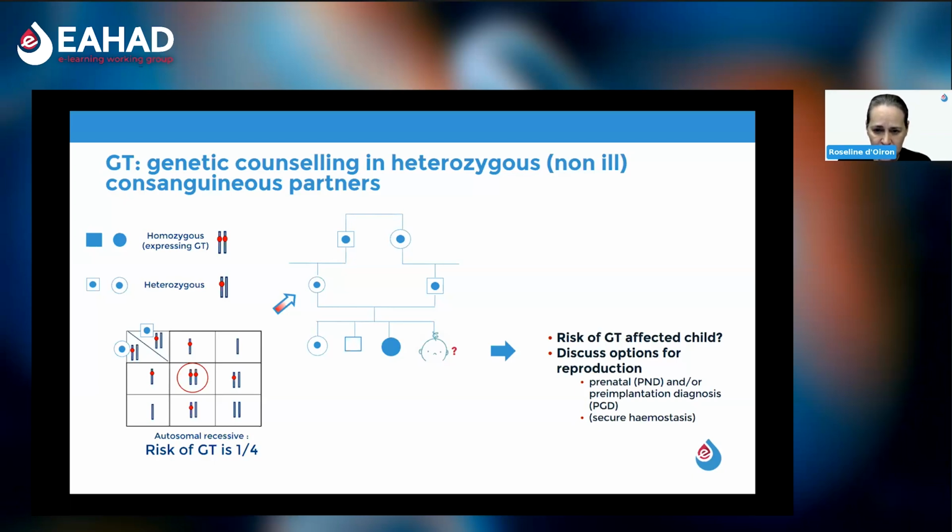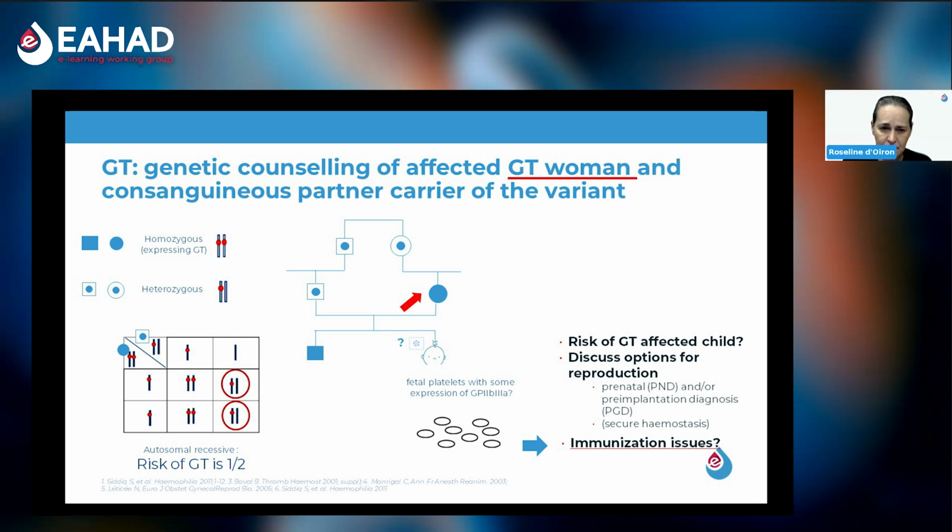As the transmission is autosomal recessive, for those women, it is important to acknowledge the risk of severe Glanzmann Thrombasthenia, that might be 1 out of 4, and to potentially discuss options for reproductive choices like prenatal diagnosis or pre-implantation genetic diagnosis.